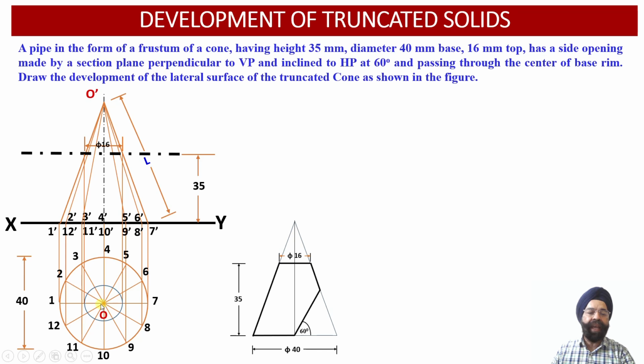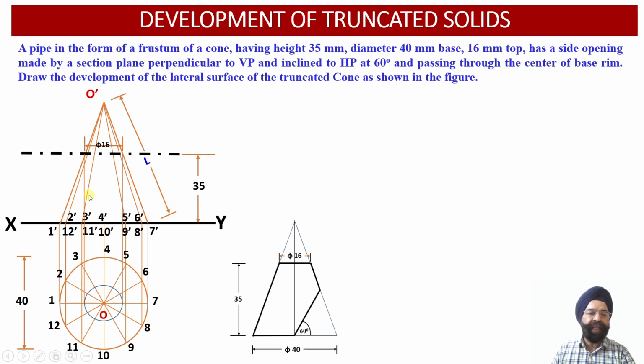Now we know that the apparent length of the slant generator O1 and the apparent length corresponding to the slant generator O7, both of these apparent lengths O1 and O7, happen to be parallel to the vertical plane. So in the front view projections, O1' and O7' slant generators, as they are represented in the elevation projection view, will be depicting the true length of the slant generator of this cone.